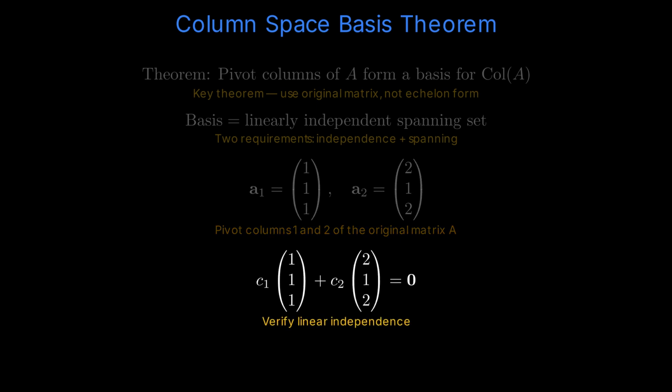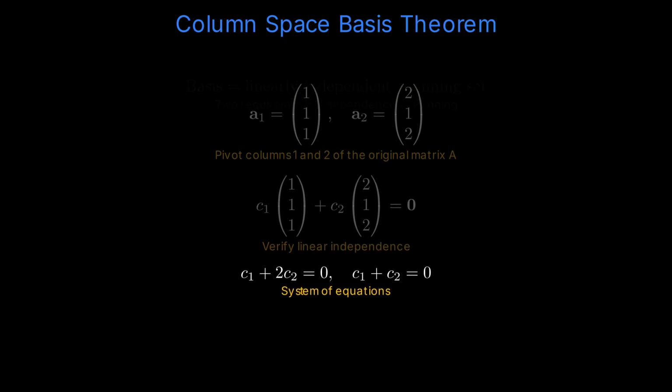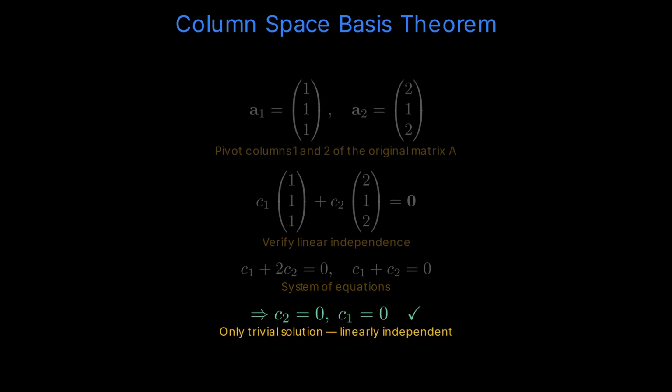Let's verify these are linearly independent. If we set up c1 times (1, 1, 1) plus c2 times (2, 1, 2) equals 0, we get the system c1 plus 2c2 equals 0, and c1 plus c2 equals 0. Subtracting gives c2 equals 0, which forces c1 to equal 0 as well. So they are indeed independent.